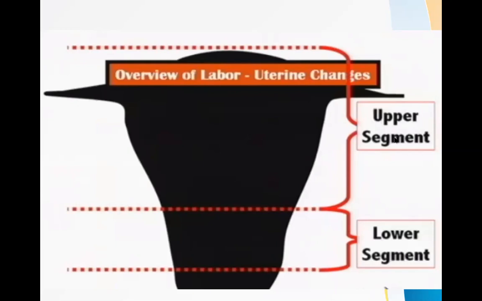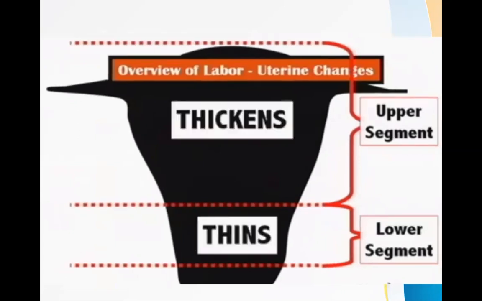Lower segment is the thinner segment, and during the process of labor it gets dilated, meaning it has to give way for the baby to come down. And upper segment is a highly contractile part of the uterus. Now see there, the upper segment progressively gets thicker and the lower segment gets thinner when labor starts.